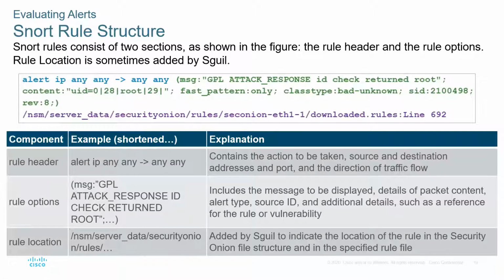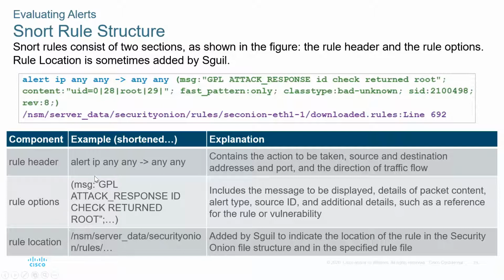So when it comes to Snort rules and structures, they consist of two sections as shown by the figure. So you have the rule header, which is this up here, and then the rule options down below. And that rule location is sometimes added by SQL there as well. So the rule header is going to be something like alert IP any to any. And this contains an action that needs to be taken, source and destination addresses and ports, and then the direction of the flow.